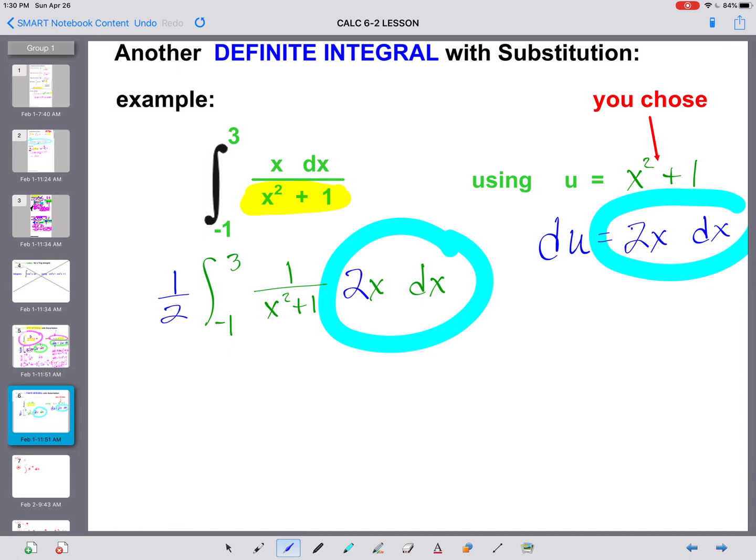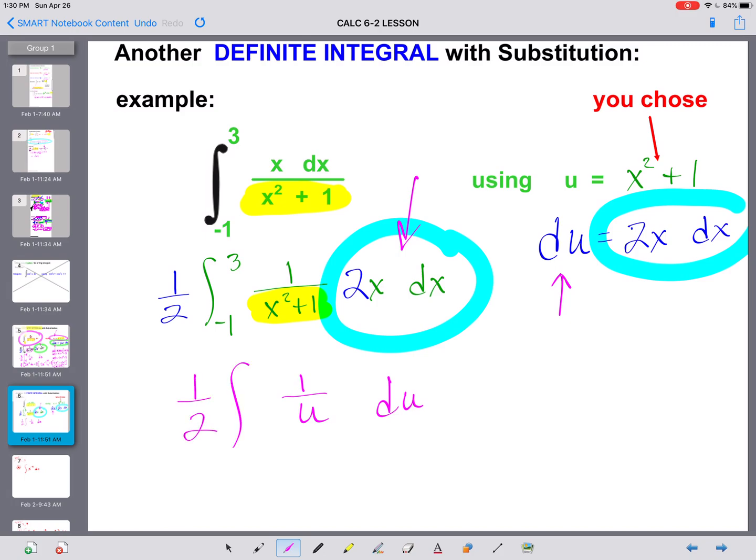Okay, let's start doing our substitution. What am I going to put in place of 2x dx? Yeah, du. Okay, du goes there. What am I going to put in place of x squared plus 1? Oh, 1 over u. I'm going to have the integral, I'm going to have 1/2.